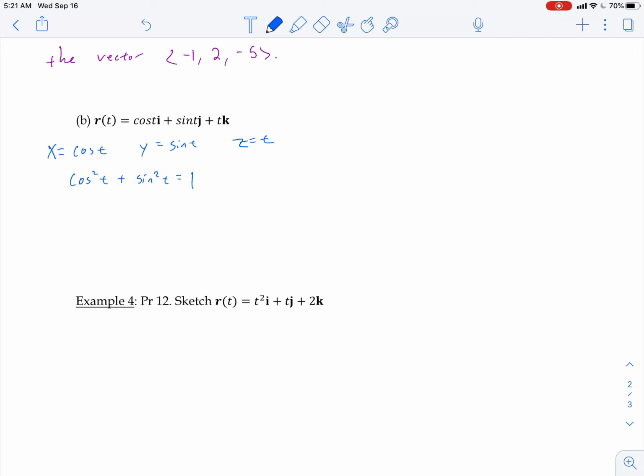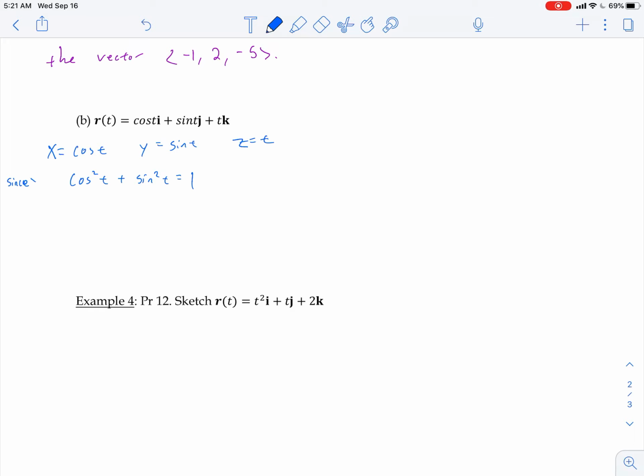And the reason why we're doing that is because we want to figure out, if I don't know what this looks like, I want to use two of these functions to create a surface that I know what it looks like. And so we know cosine squared t plus sine squared t equals 1. Well, that's going to be a circle.